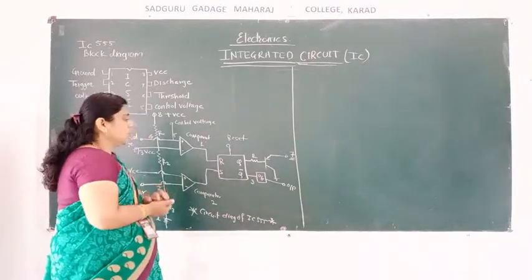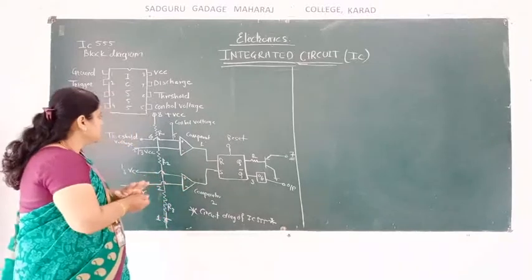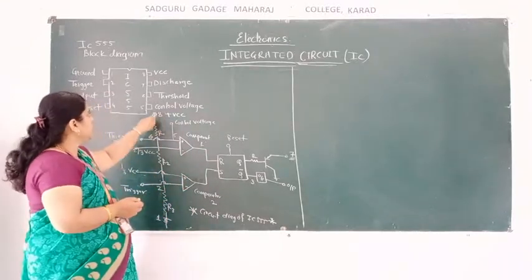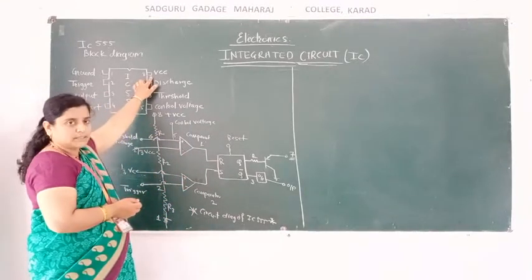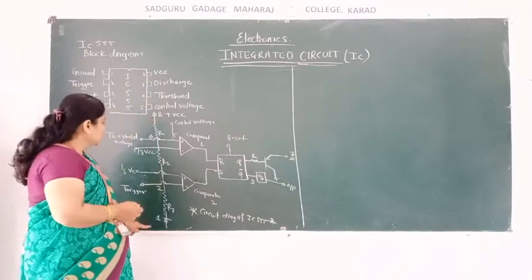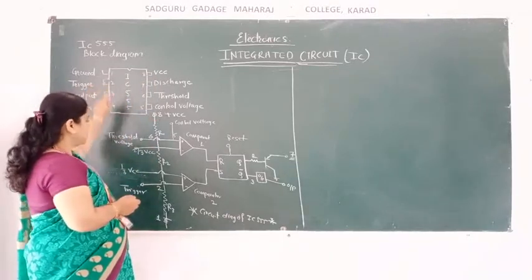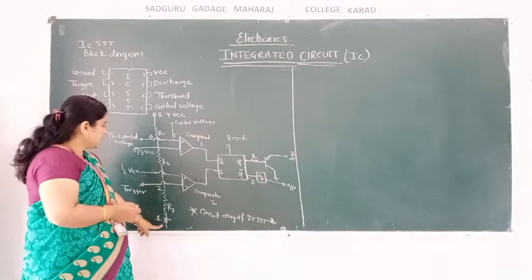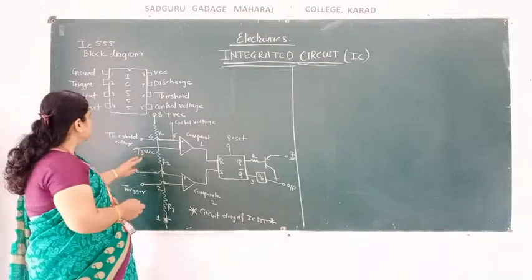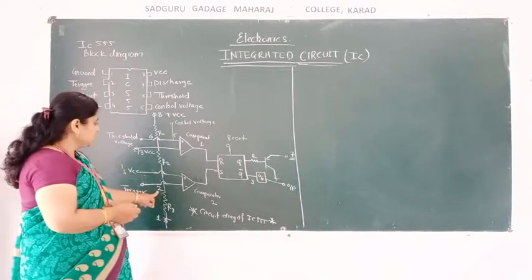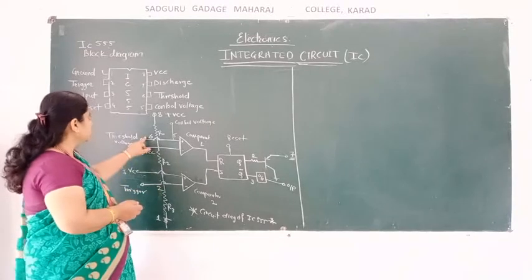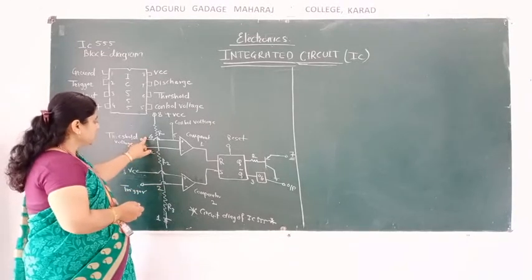8 pins. How are the 8 pins divided? See the construction. First, pin number 8 is for plus VCC supply. Pin number 1 is for ground. Pin number 2 is for trigger the circuit. And pin number 6 is for threshold.